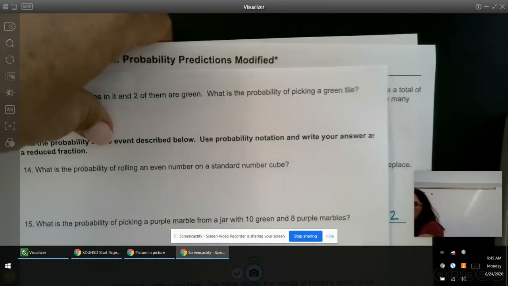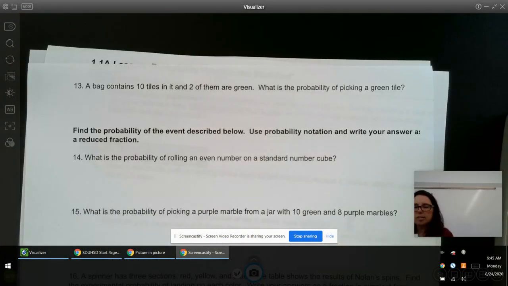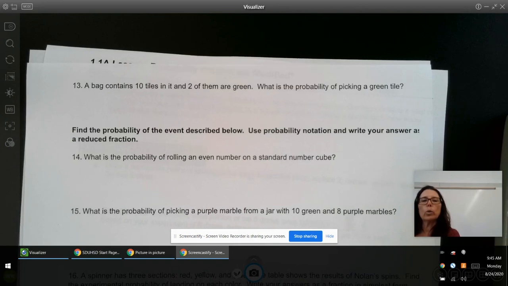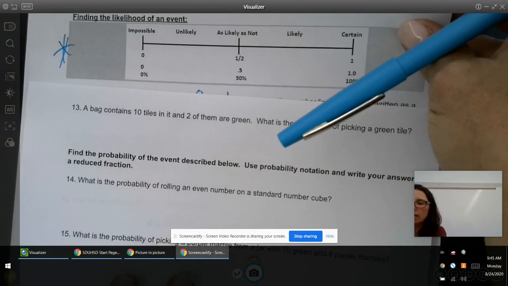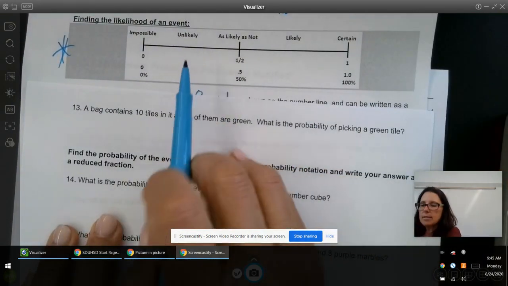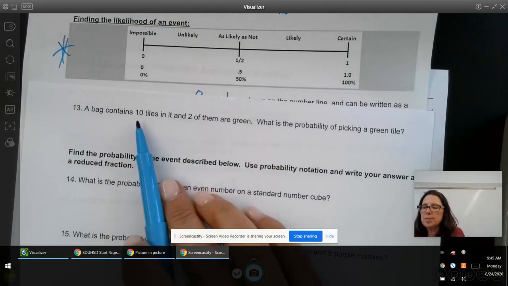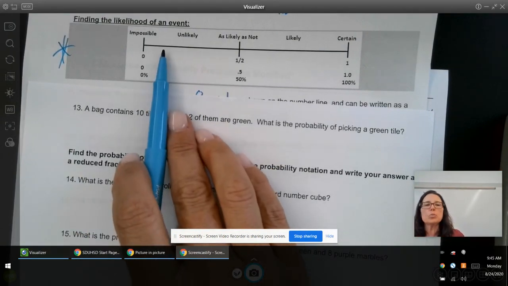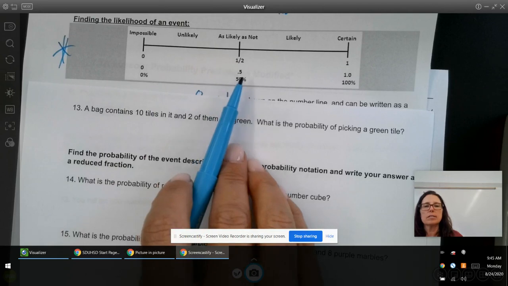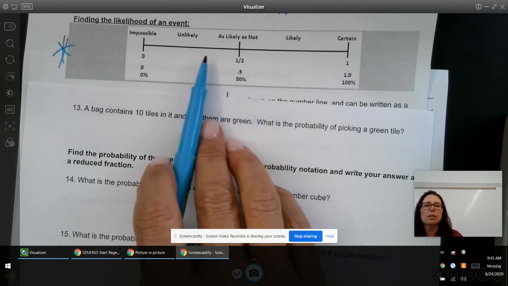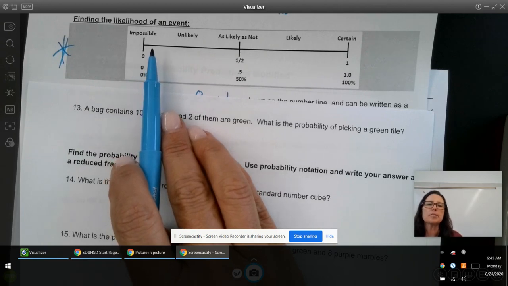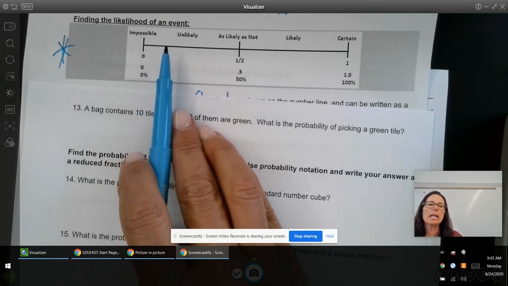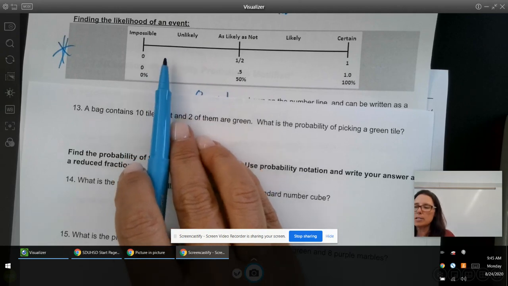Number 13. A bag contains 10 tiles in it and 2 of them are green. What is the probability of picking a green? Do you understand that that would be 2/10? 2/10 would fall somewhere over here. That's not 5/10. It's not impossible, it's not 0/10, but it's somewhere right here in this unlikely spot.